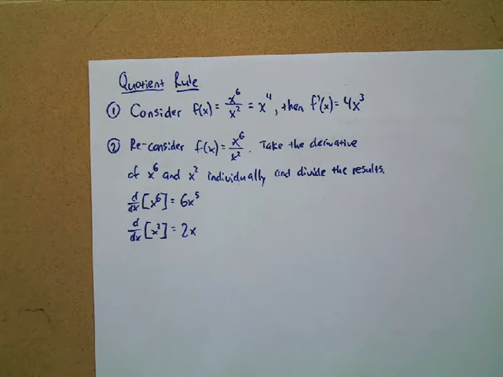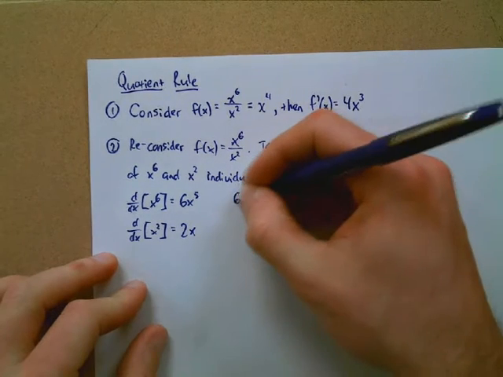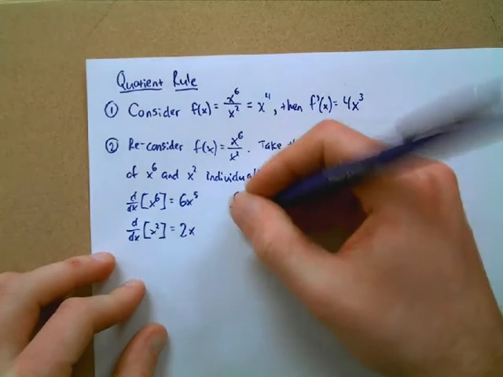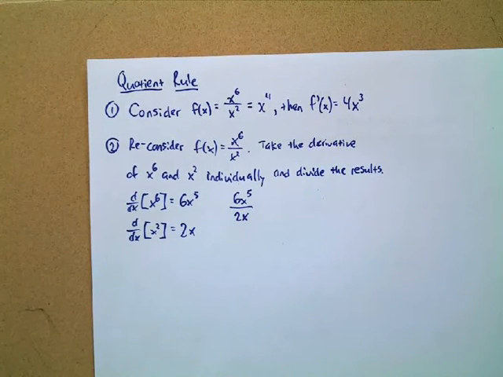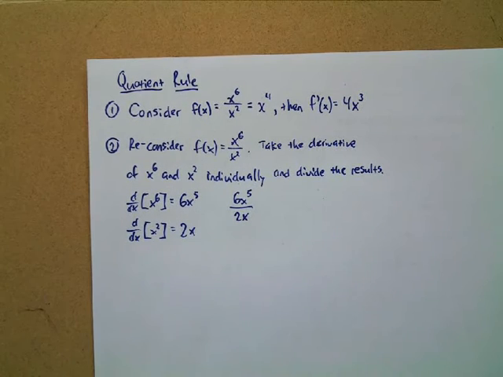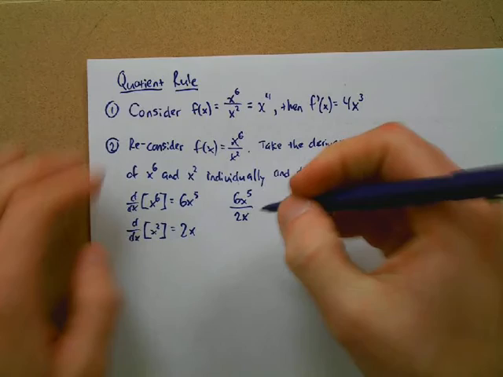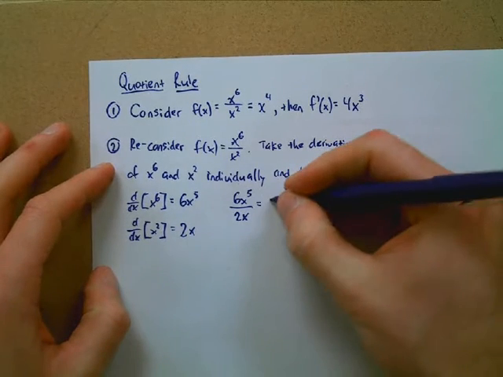So we just took the individual derivative of the numerator over the individual derivative of the denominator. Actually, we'll put it over top of them now. So there we'll put them on top. So 2x in the denominator, and 6x to the 5th in the numerator. And so now we divide. We can simplify, right? So 6 divided by 2, that's going to be 3. X to the 5th divided by x is x to the 4th.